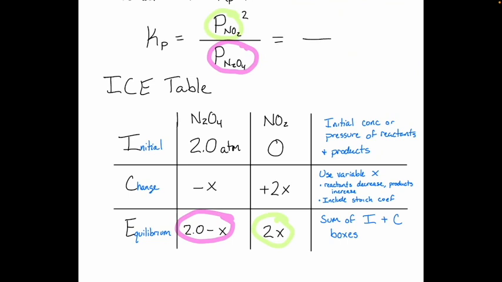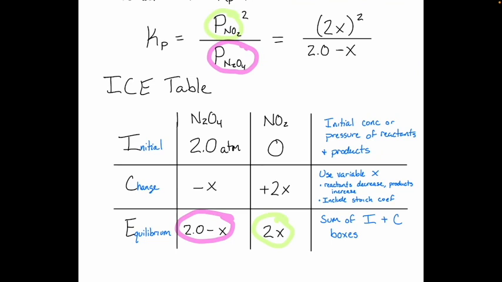This is now equal to 2.0 minus x. And this is a very common mistake algebraically that people make. That pressure of my product was squared, right? That 2x is squared. It's the whole 2x, not just the x. So I'm going to put in parentheses 2x squared, right? I need to hit that 2 and that x with that exponent. Don't just hit the x. That's a super common mistake that people make. Everything in that box gets hit with that exponent.